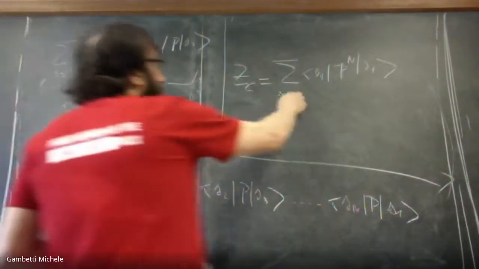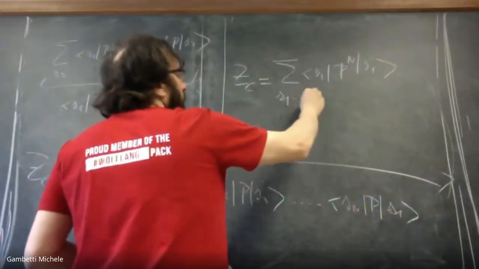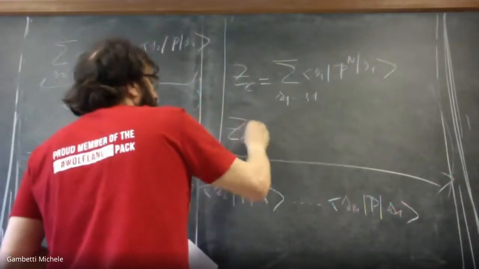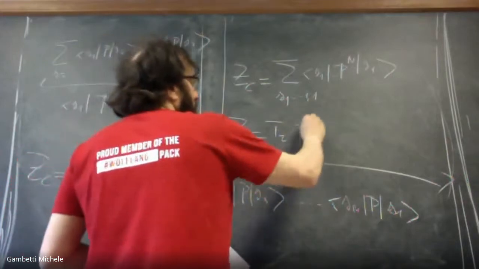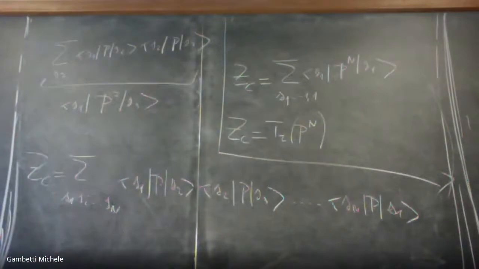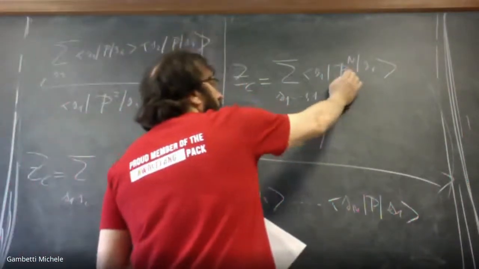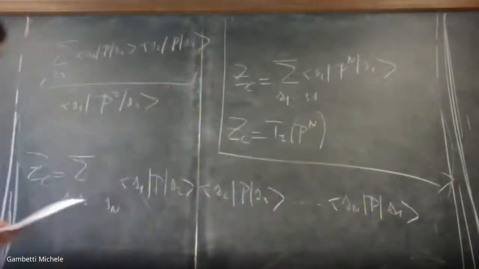Now, what is written here, S1, let me be more explicit, from -1 to 1, is actually the trace of the matrix P^n. Because I'm doing the sandwich on the same states, and I'm summing over the states.